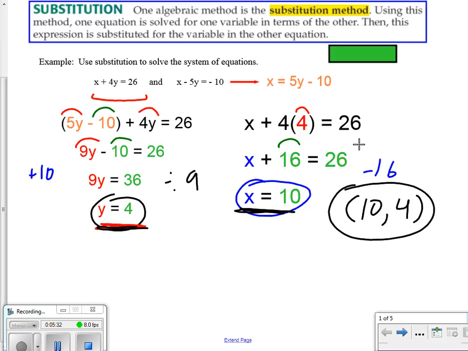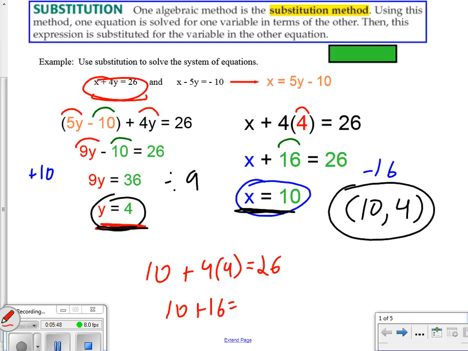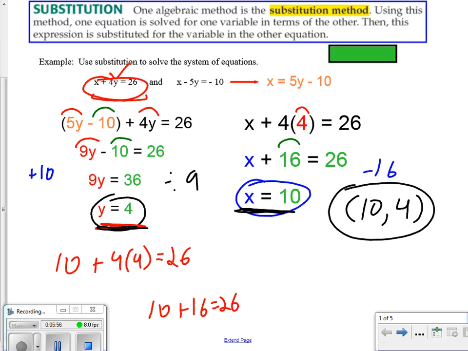So if I wanted to check 10 and 4, we just plug it into our first equation here. X is 10 plus 4 times 4 equals 26. Well, 4 times 4 is 16, so 10 plus 16 equals 26. And that is in fact true, so our first one checks out. Let's try this second equation.